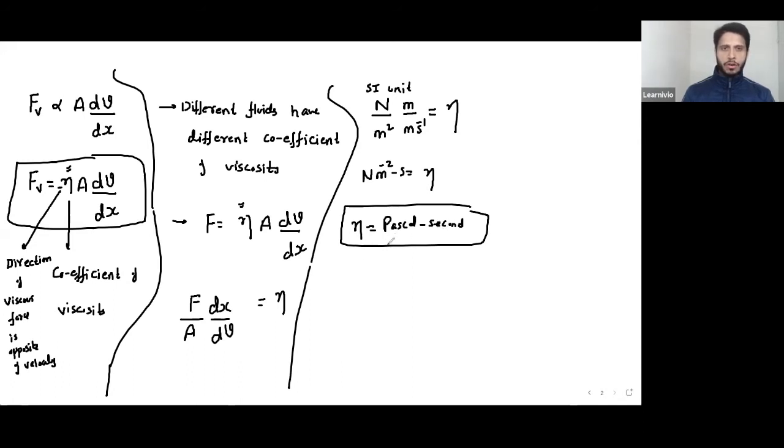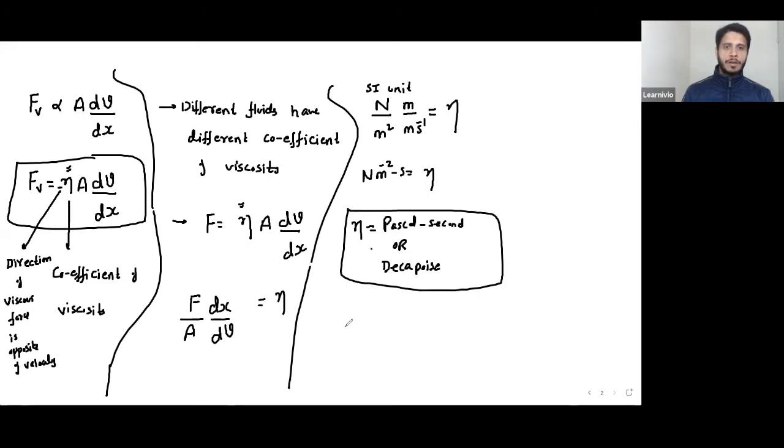This Pascal second is also known as decapoise. This is the SI unit. You can write the CGS unit of coefficient of viscosity directly from here.